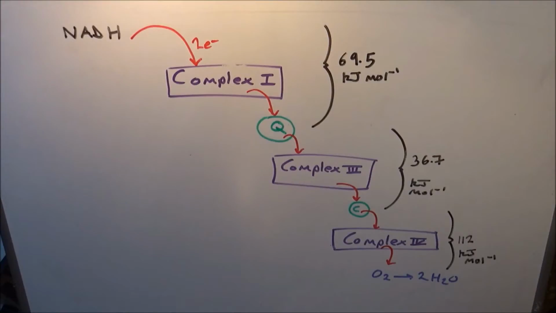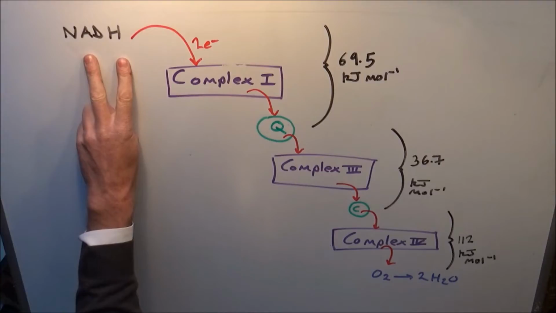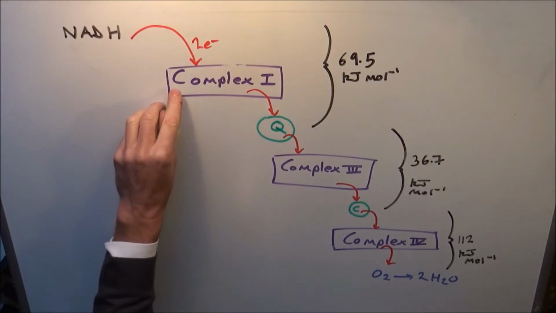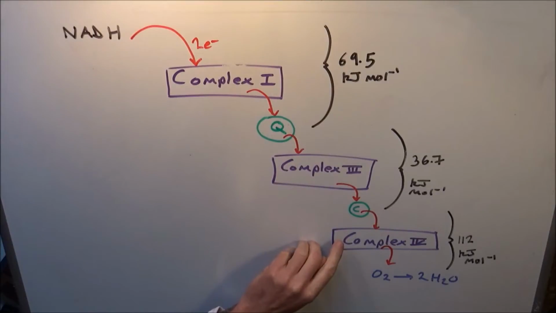If we just take a look at what happens when NADH releases its 2 electrons, they go through complex 1 via Q to complex 3, via C to complex 4, and then finally onto oxygen to give water. And some of the energy changes, I have indicated them here.